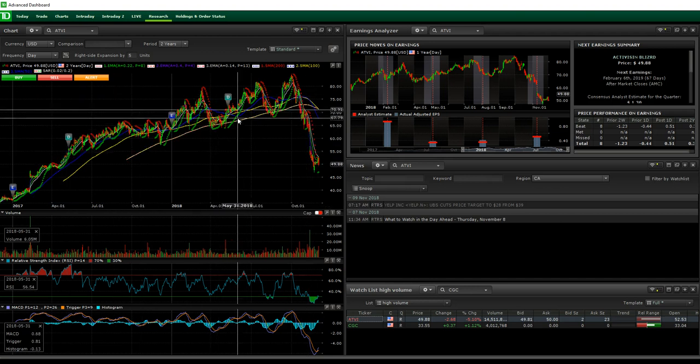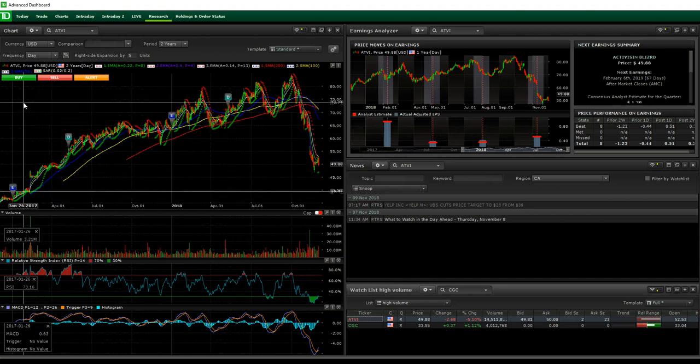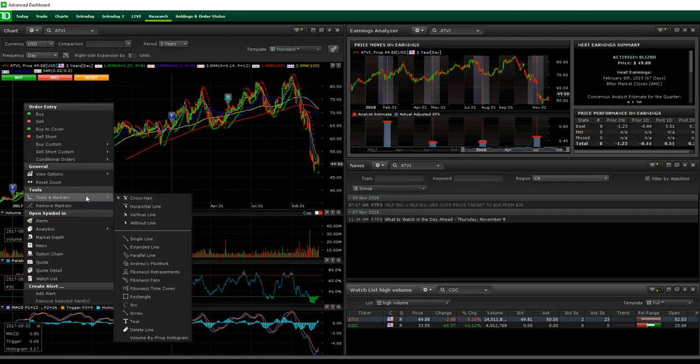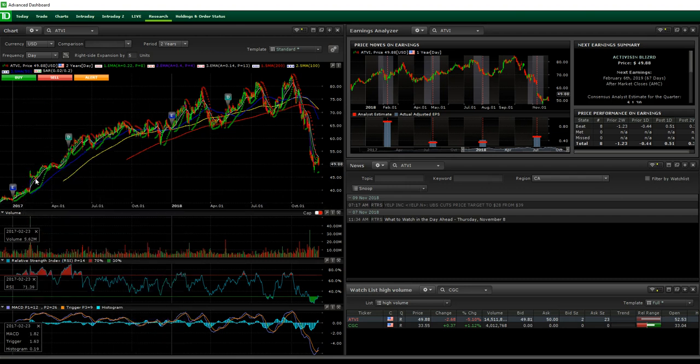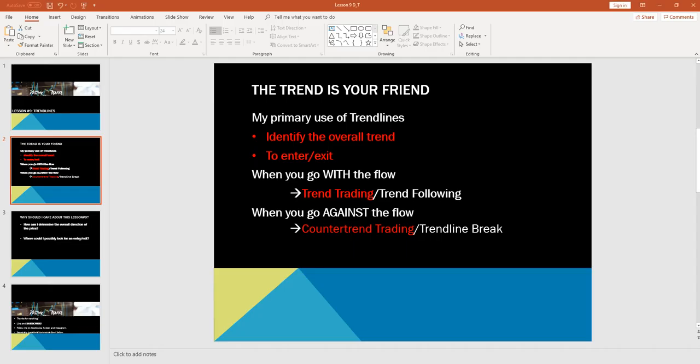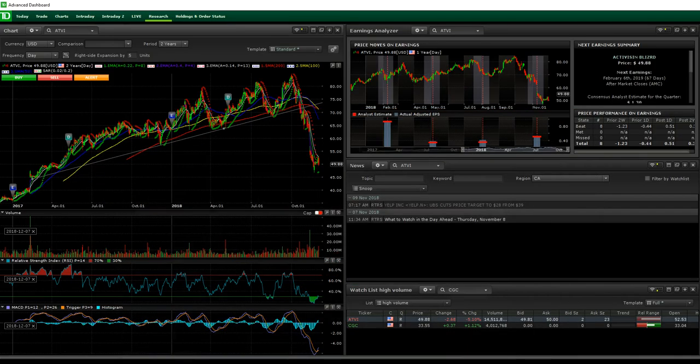Activision Blizzard, let's go ahead and draw in our trend line here. I'm just going to pick the bottom right there, and this looks like a pretty good trend line to draw. If you're using our first technique, trend trading, to go with the flow, then every time it touches the trend line, it's going to bounce right back up, and you would essentially be buying the dip.